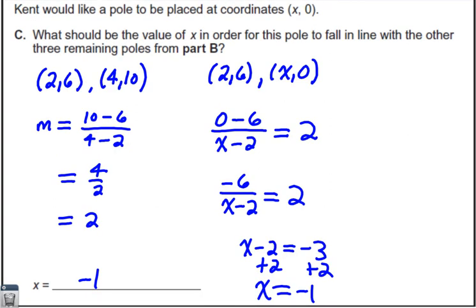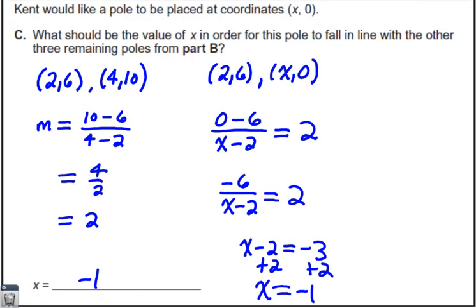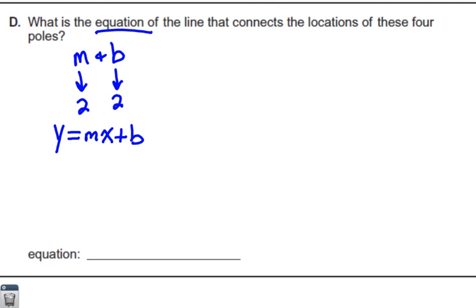Once again, in case you missed that, your y-intercept is where your line intersects the y-axis, and that appears very clearly to be 2. So I'm pretty sure that our equation is going to be y equals 2x plus 2.